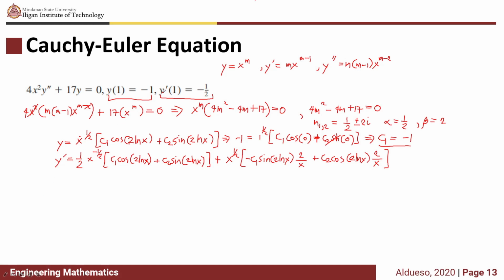Now for our C2, y prime of 1 is equivalent to negative 1 half.